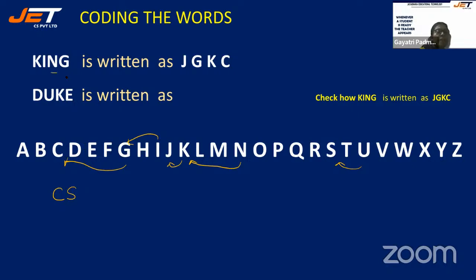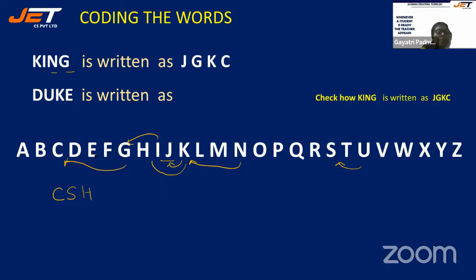Next, we have N. N is written as K, backward after leaving two. So K backward after leaving two is H. And see the last one, G is written as C backward after leaving three.